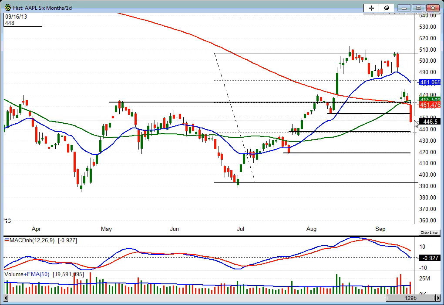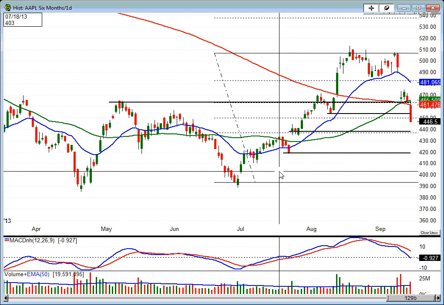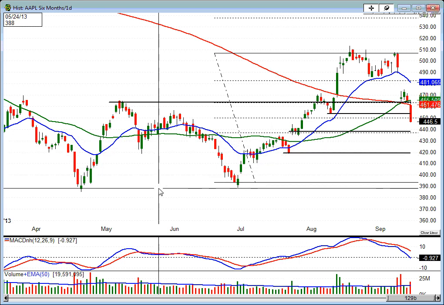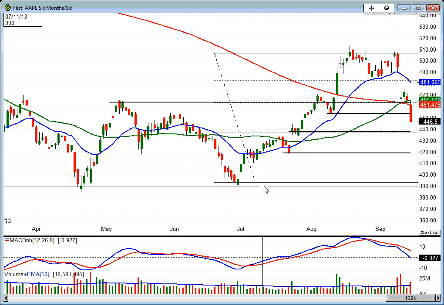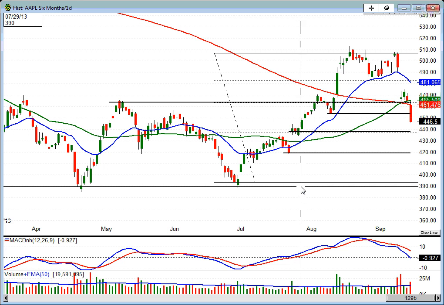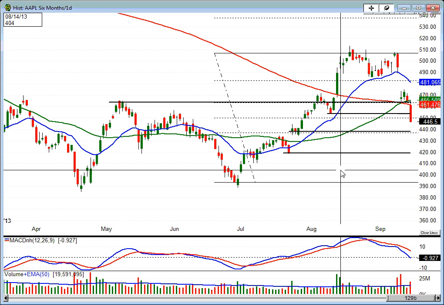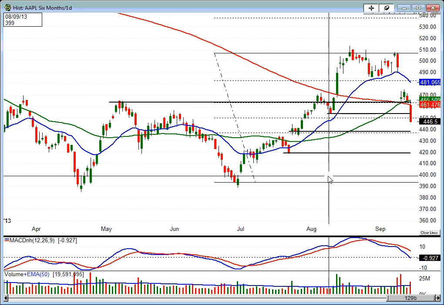But if we're going to come down and fill this gap, then a lot of people will probably start talking about this 385 area. And my premise is I still believe that 385 is a low for quite a while, until we get that stock repurchase program completed, because I think that program will trigger somewhere around that 400 level there.